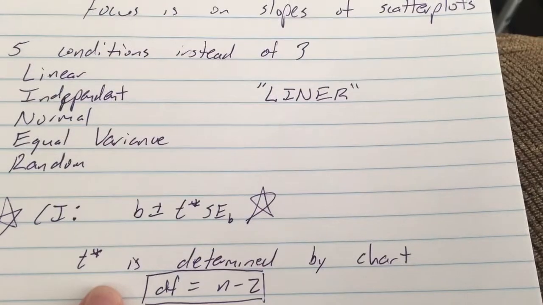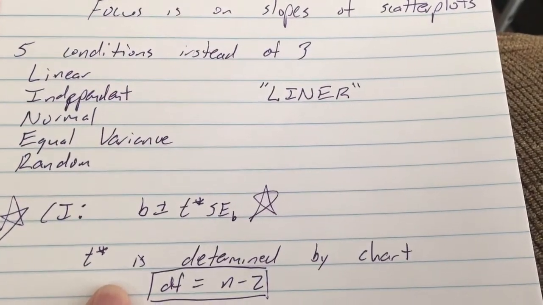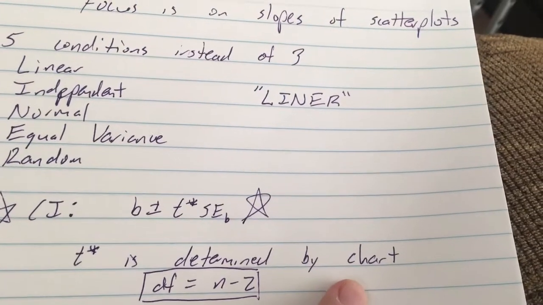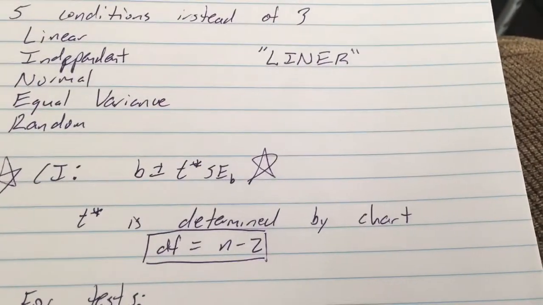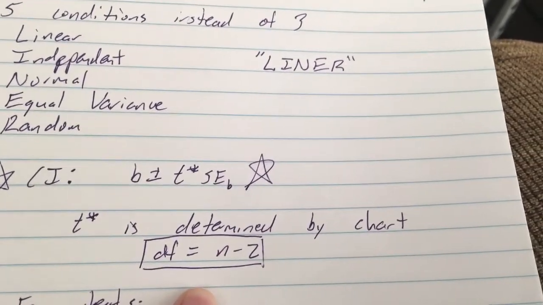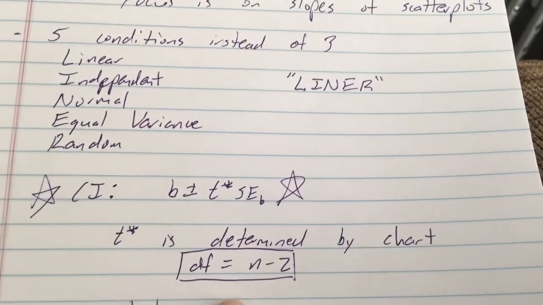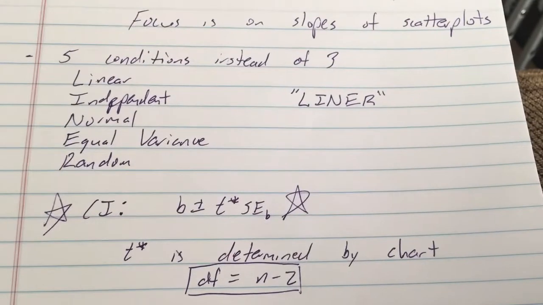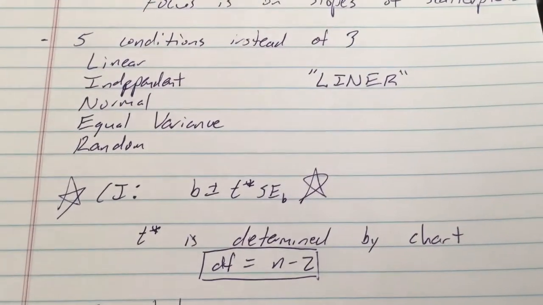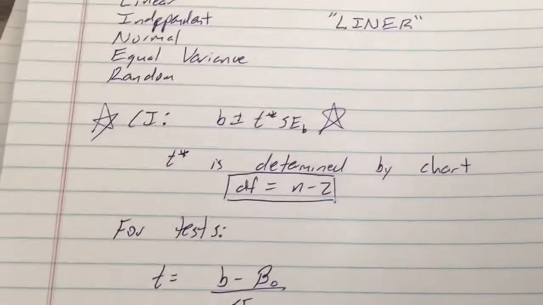And the t-score for slope problems is determined by the t-chart. But instead of degrees of freedom being n-1, it is n-2. And I've put that in a box because that's very important. This is the only time we see n-2 for degrees of freedom. So keep that in mind.